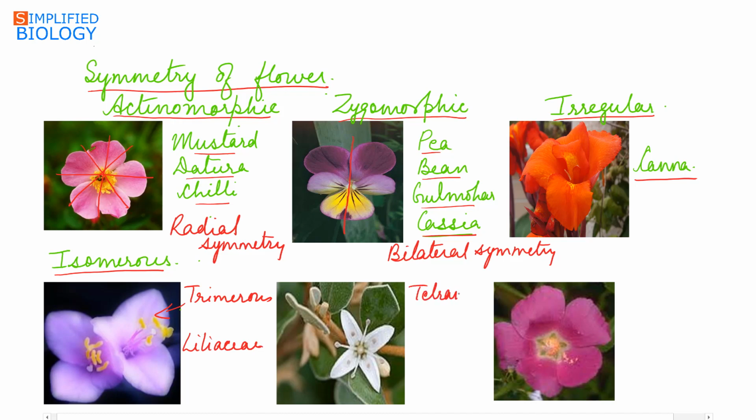Tetramerous means each whorl is a multiple of the number 4, like your mustard family, Brassica or Brassicaceae. Pentamerous means each whorl is a multiple of number 5. Example, Fabaceae, that is pea family.